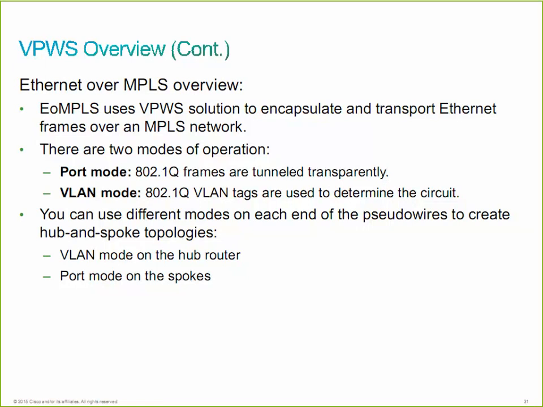All right? Additionally, the EoMPLS VLAN mode requires that you have 802.1q VLAN tags present on the frame so that we can actually select the outbound circuit that's going to be used for that traffic. We cannot pass untagged traffic like we could in port mode. All right?